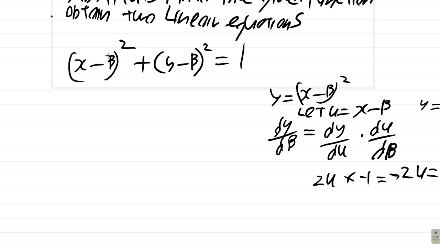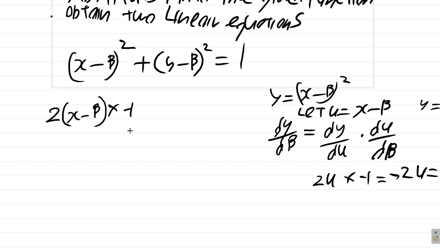So, doing it mentally, you would say you differentiate the outside function, or the outer function, you have something squared, you have 2 times that thing. That's what happens when you differentiate y with respect to u. Then multiply it by, you differentiate the inner function with respect to beta. You get negative 1.